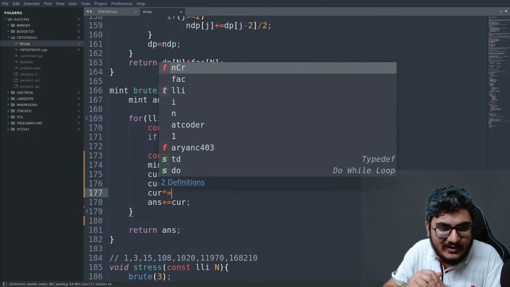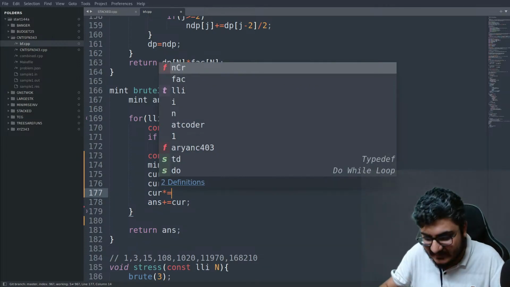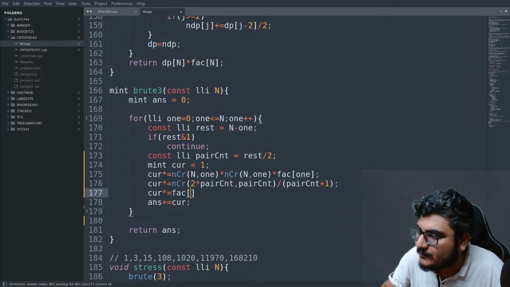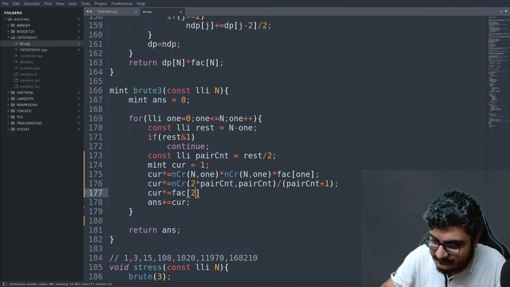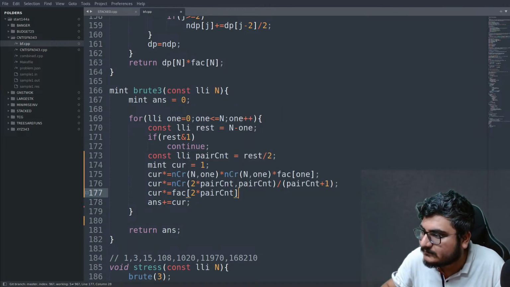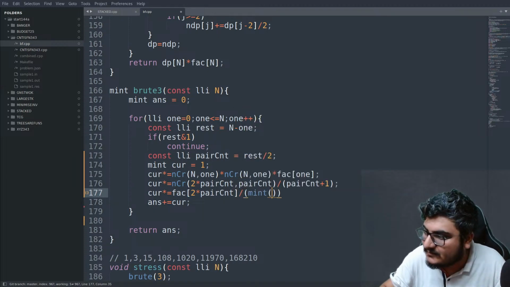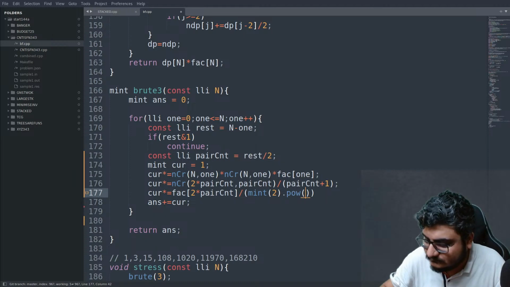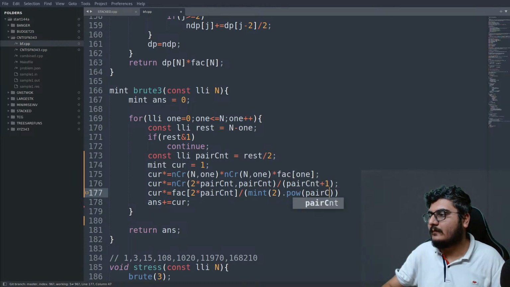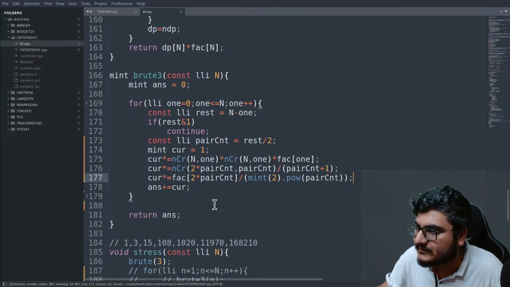And then the number of ways to arrange these valid numbers would be factorial of 2 times pair count divided by m int, and overall this is the solution for this problem.